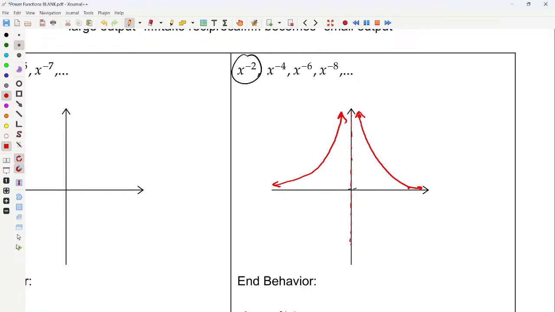But now let's go to -100 or +100. I don't care. The output is 100 squared, known as 10,000. And if you reciprocate 10,000, it's 1 over 10,000, like 0, but still that much above it. You're never going to output 0.